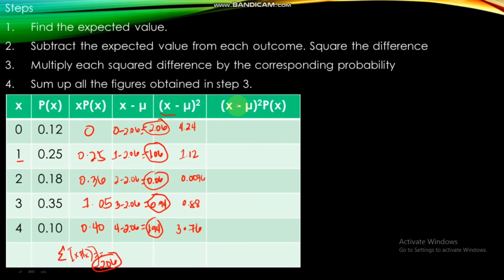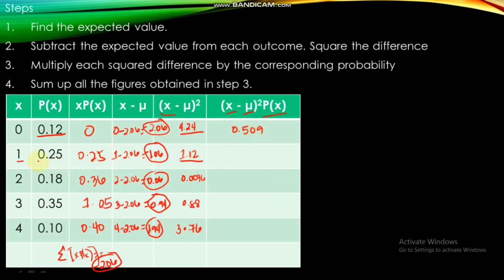Next, look above: x minus the mean, squared, times p of x. So 4.24 times 0.12 is 0.509.